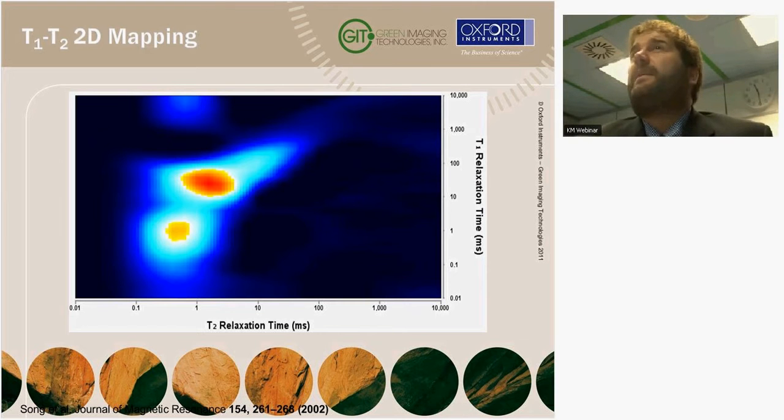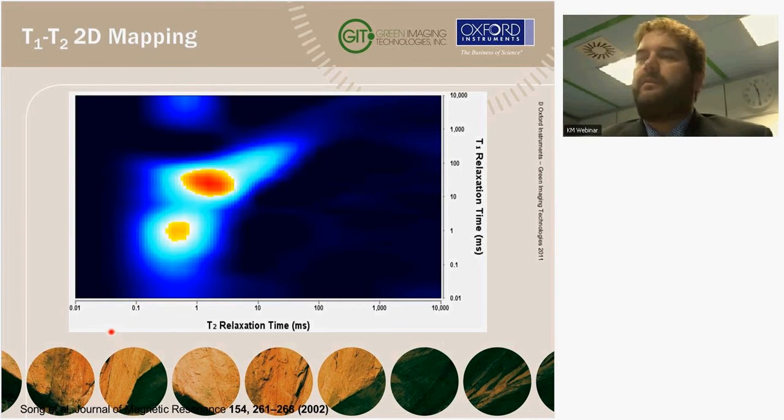This is a map in which we plotted two different properties again. This is T2, but in this case we've plotted T1. These two different lifetime signals, lifetime measurements, T1 and T2, are NMR lifetimes.